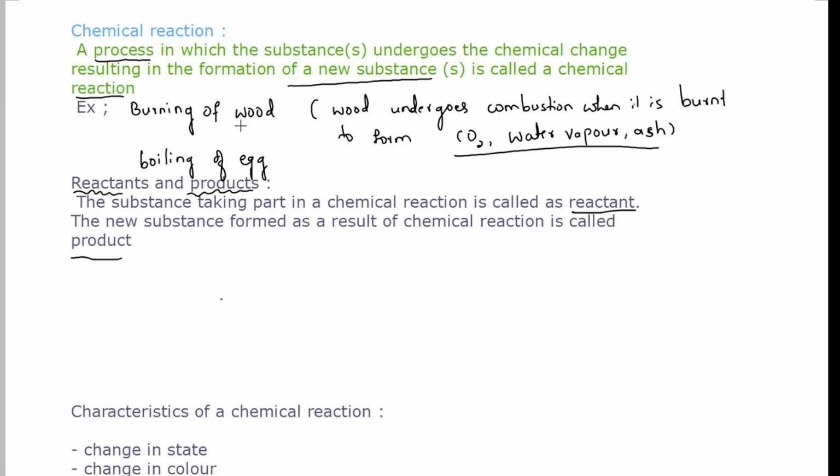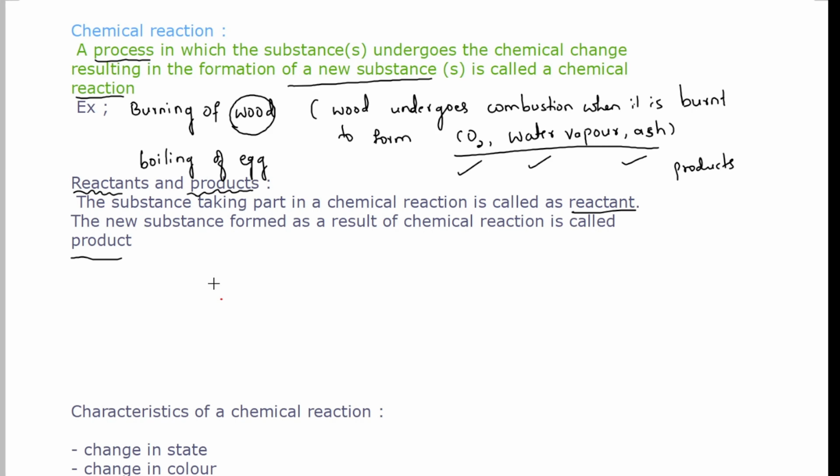You can see here that wood can be called a reactant because it is undergoing the chemical reaction. When it undergoes a combustion reaction, it results in the formation of carbon dioxide, water vapor, and ash. These can be called products. The new substance or substances which are formed as a result of a chemical reaction are called products.